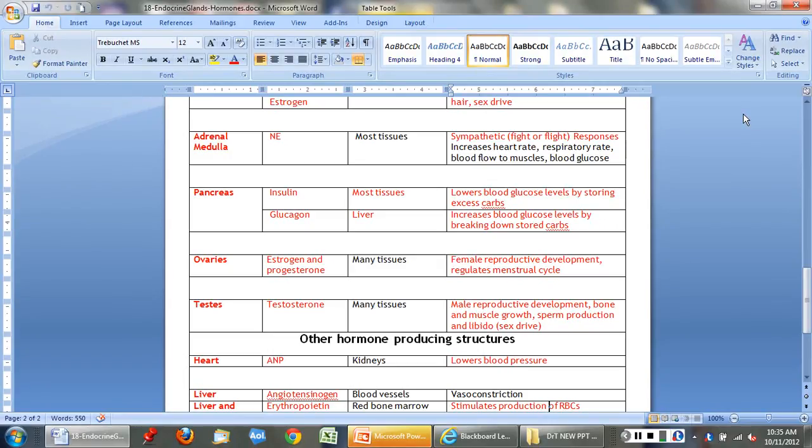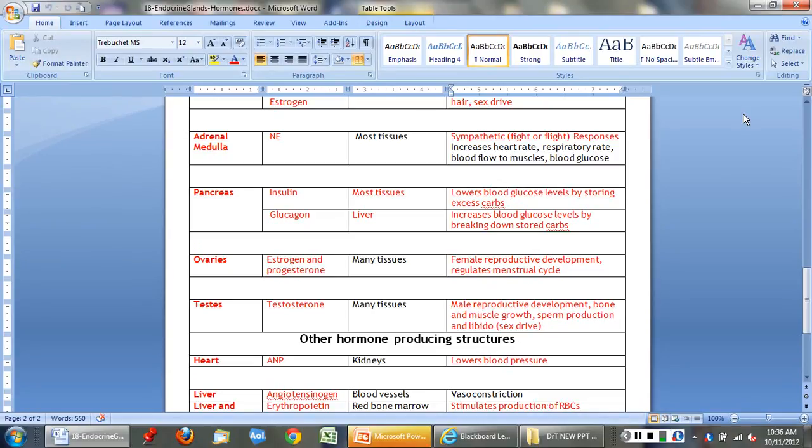It's a peptide hormone. All right, it looks like a whole lot, but if you know what those words mean, it's not so bad. So atrial has to do with the atria of the heart, right? We have two atria, left and right. So it's called atrial because it comes from the atria. That's the part of the heart.